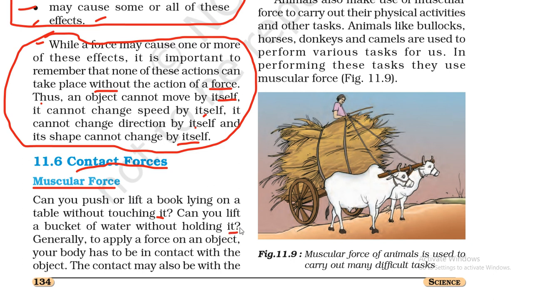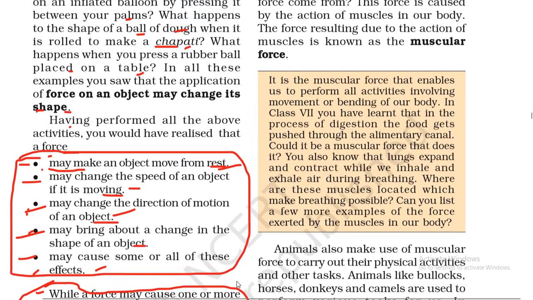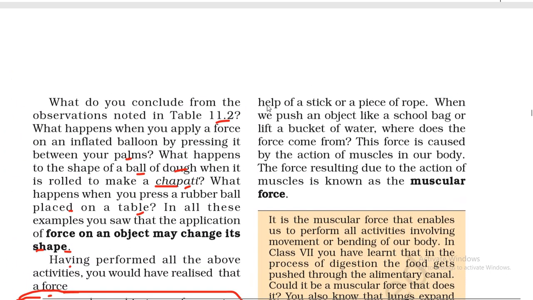Now you can give your answer. Generally, to apply a force on an object, your body has to be in contact with the object, and the contact may also be with the help of a stick or a piece of rope.